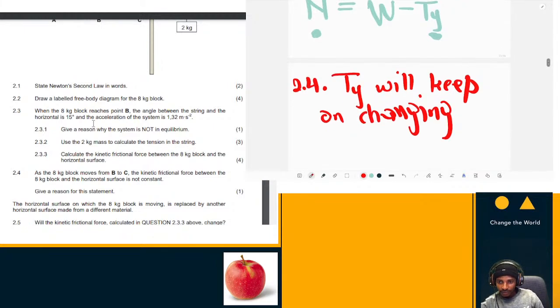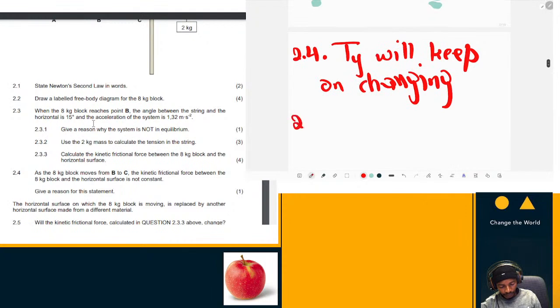So 2.5. The horizontal surface on which the 8 kg block is moving is replaced by another horizontal surface made from different material. Earlier they said the surface is rough. Once the surface is rough, automatically we have friction.